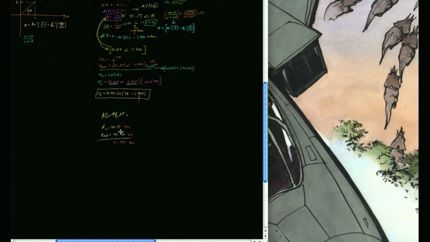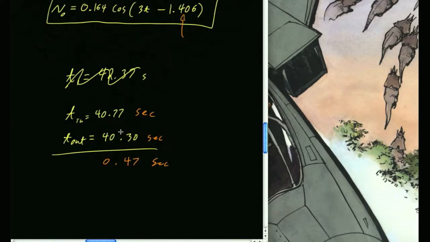I'm getting, wait, hold on. You're off by a factor of 10. I think the time we figured out for the time shift was 0.47 seconds. The time difference. Time 1 was 40.77 milliseconds.